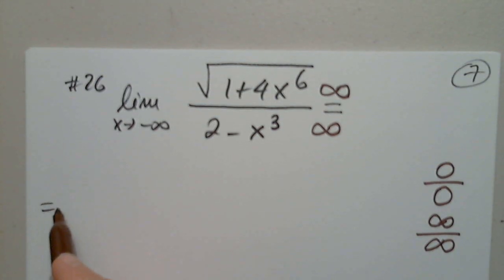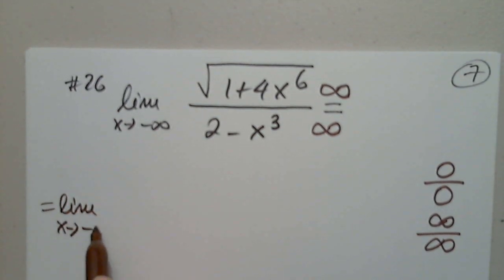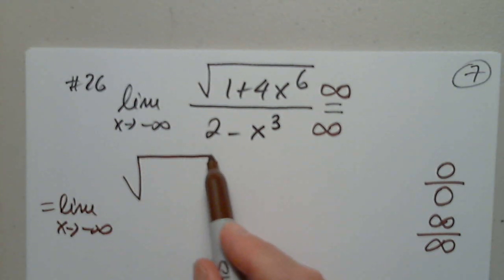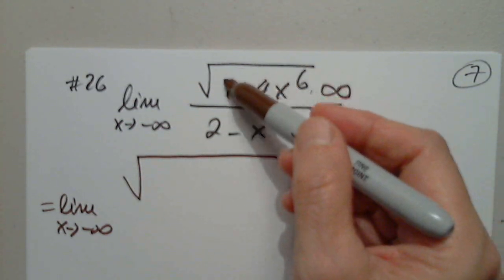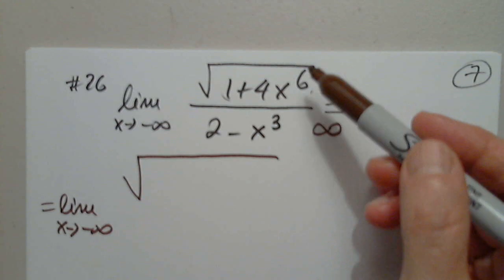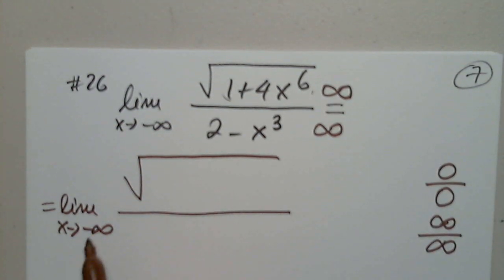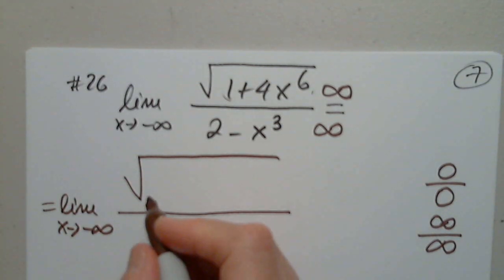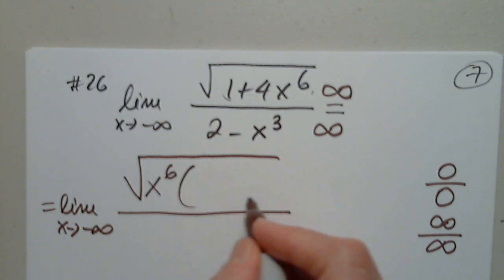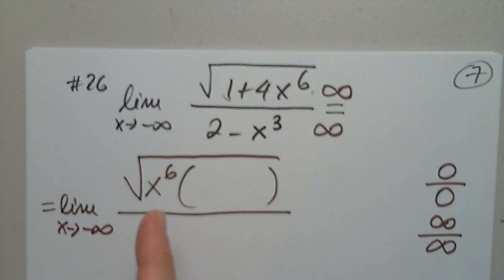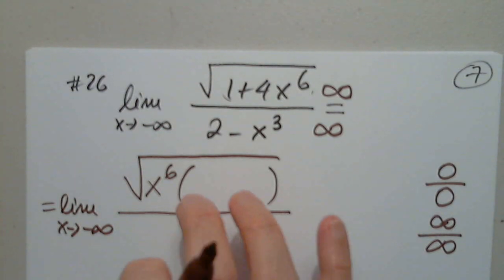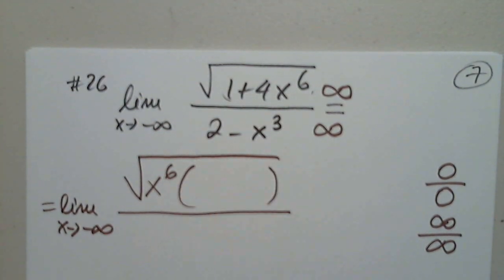Perfect. So now the limit as x approaches negative infinity. What is the degree of the polynomial under the square root? I need the degree of the polynomial under the square root. 6. Degree 6. Perfect. So we are going to factor out x to the 6th inside the radical, don't do anything yet. I need two terms in here.